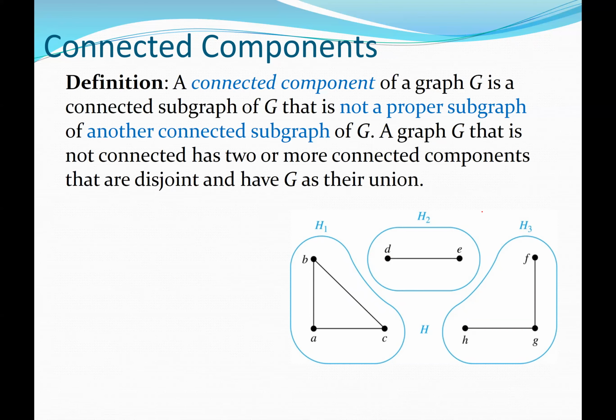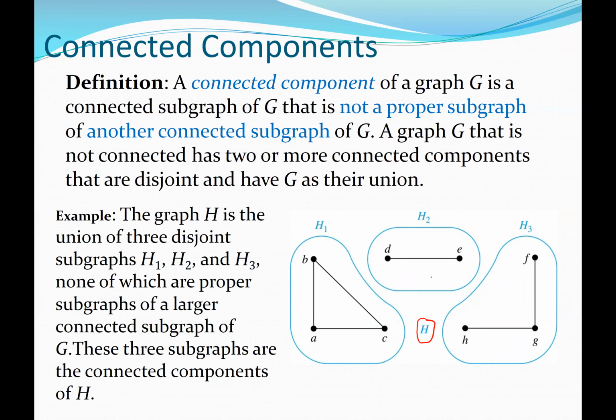So these three connected components are subgraphs of the bigger graph, which is the graph H, but they are all independent from each other, so they are called connected components. And that union creates the graph H. It's the same as three people working on independent projects, but when combined together, they get the work done. That's the idea.